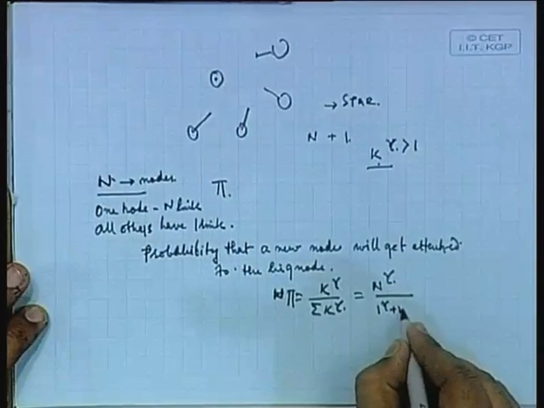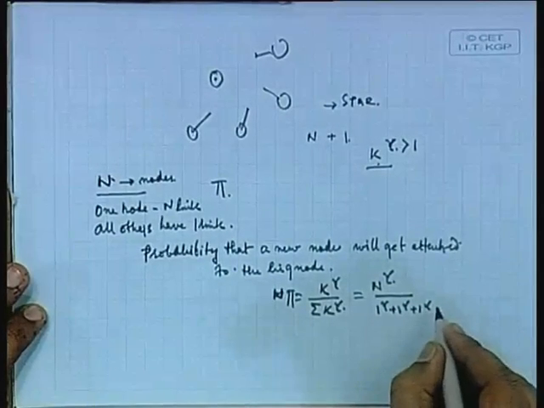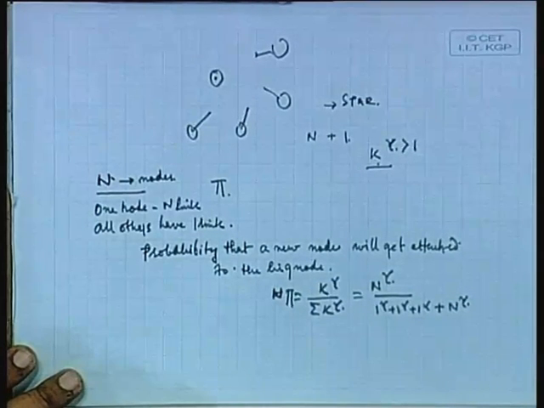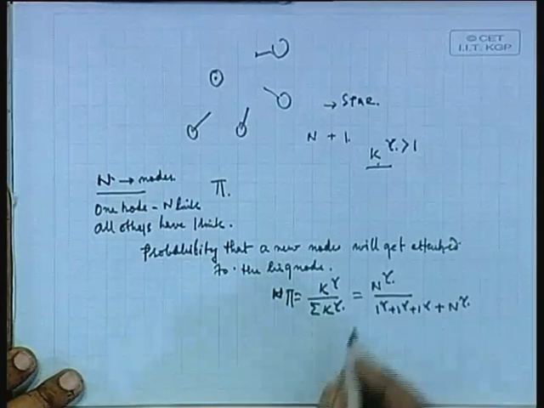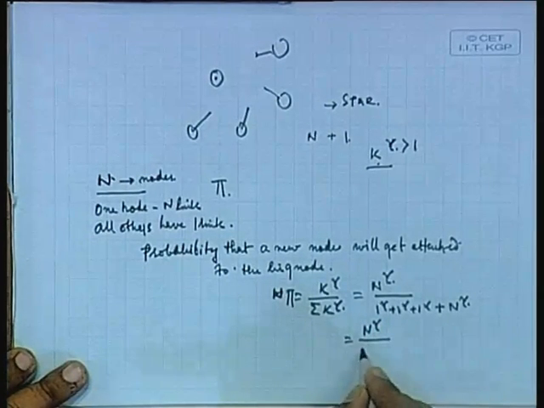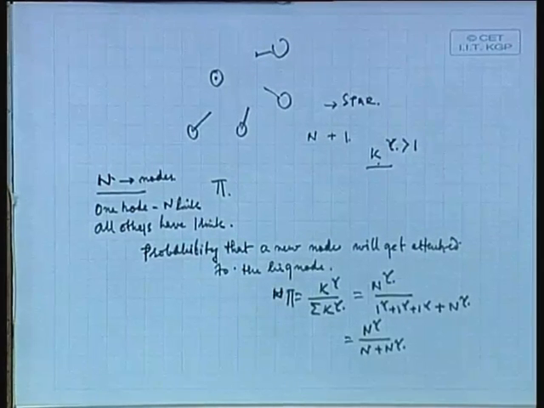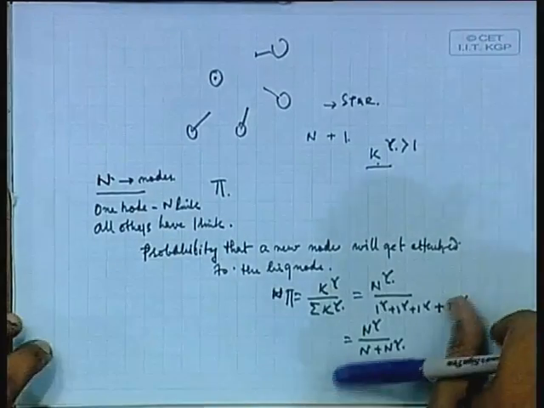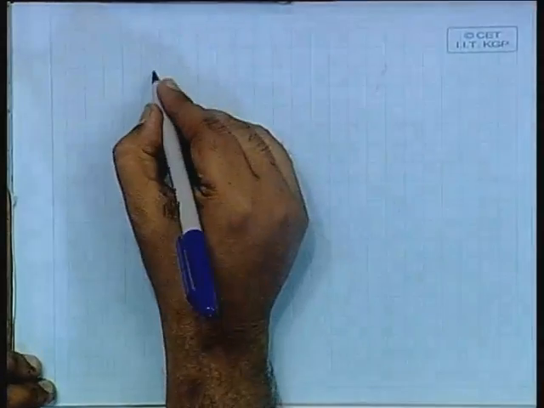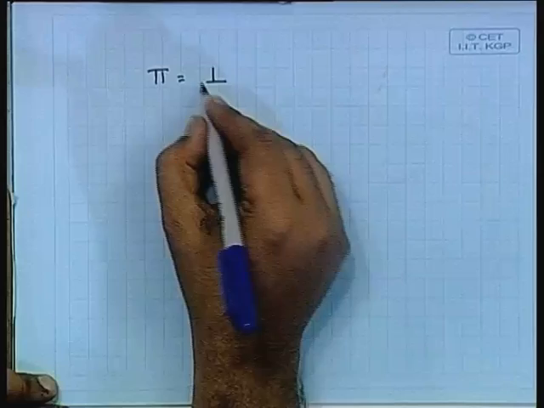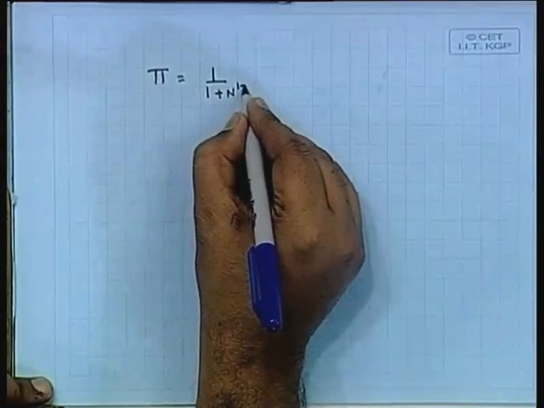So, 1 to the power gamma plus 1 to the power gamma plus 1 to the power gamma, this way it goes on, plus n to the power gamma. So, this is n plus n to the power gamma. Agreed? This will come down to 1 since n is large. No, it will not come down to 1. So, this becomes, so phi becomes 1 divided by 1 plus n to the power 1 minus gamma.